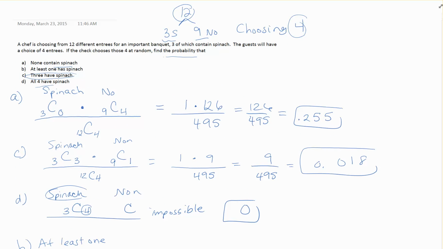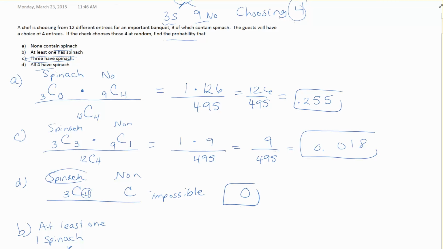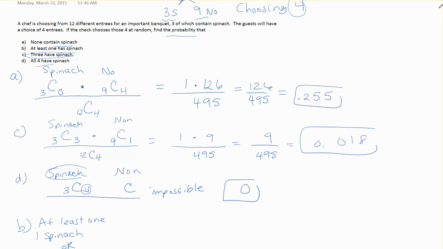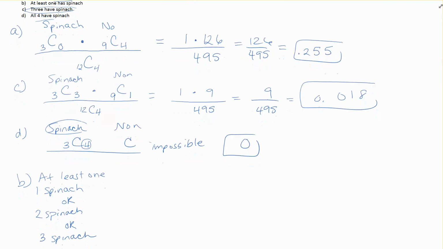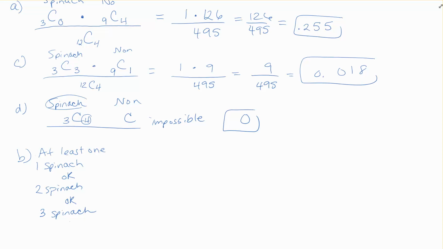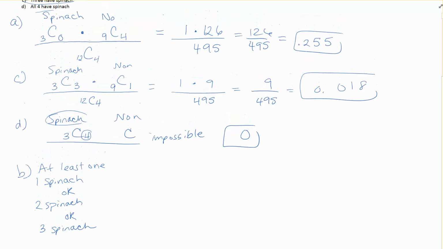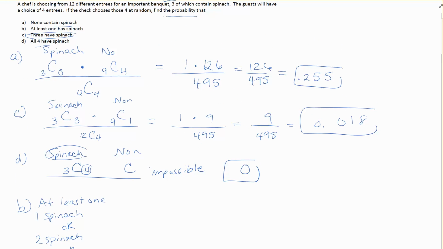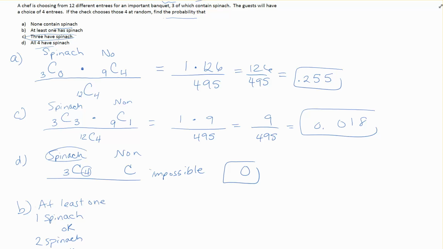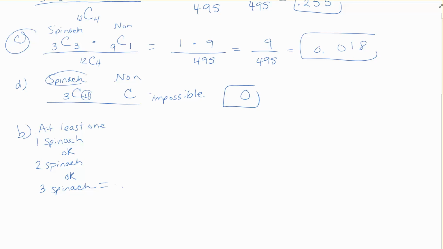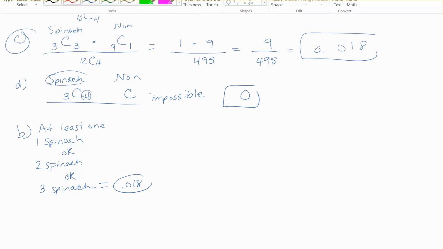Now remember that our limit is 3 spinach entrees. So we can only go up to 3. So we can't do 4 or anything higher. So at least 1 is 1 or greater, but you have to max out at your total. So up above, I found in part C the probability that we have 3 spinach. I've already found that out, it's 0.018. So I'm going to bring that down here. That's 0.018. I've already worked that one out. Now the others I do need to set up.